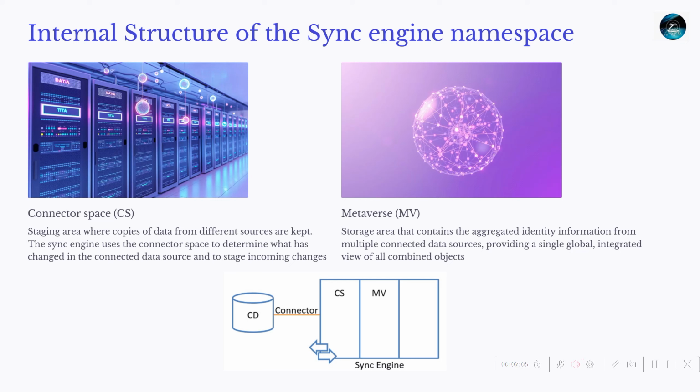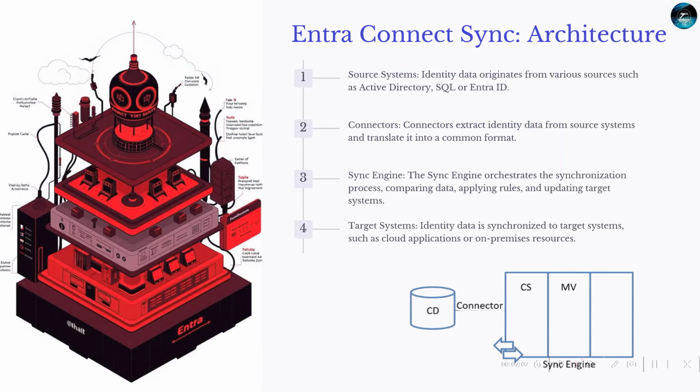Next, let's take a look at the architecture of Entra Connect. First, data from source systems like Active Directory, AD, or SQL Server databases are moved to the Sync Engine with the help of connectors. Connectors act as bridges that connect the Sync Engine to these data sources. The Sync Engine then orchestrates the synchronization process, comparing data, applying rules, and updating target systems.